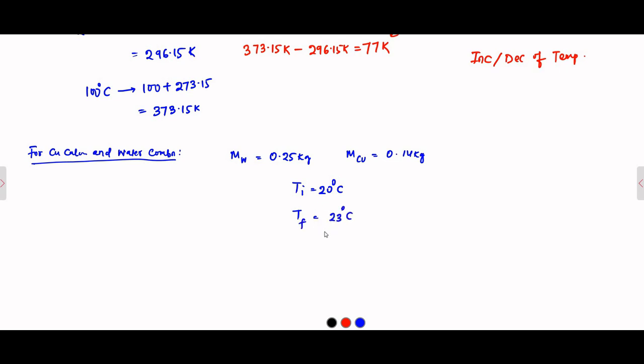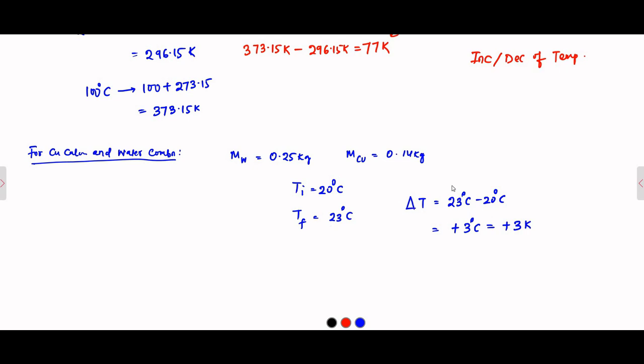So here there is a rise in temperature. So the difference of temperature is equal to 23 degrees Celsius minus 20 degrees Celsius is equal to plus 3 degrees Celsius, which is the same as plus 3 Kelvin. Okay, this much.